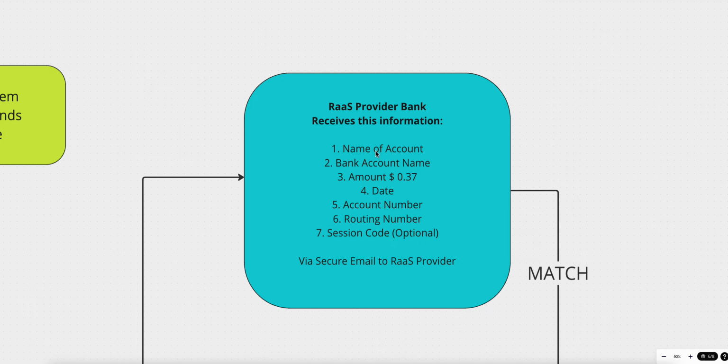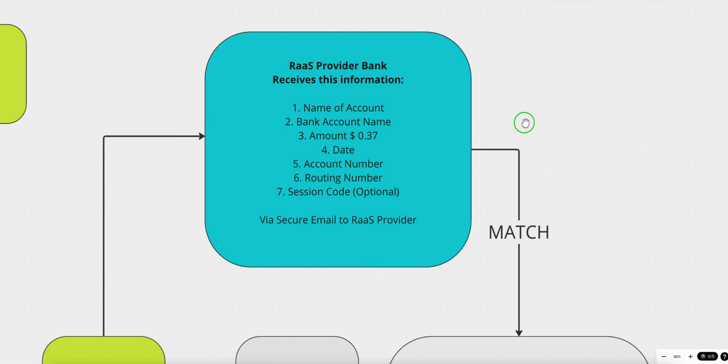That deposit will show the name of the account, which will correspond to the person sending it. The bank account name, that will also be corresponding. The 37 cents amount, the date, the account number, the routing number, and the session code. This is received by the Remittance as a service provider via email, and it was also received in the bank.